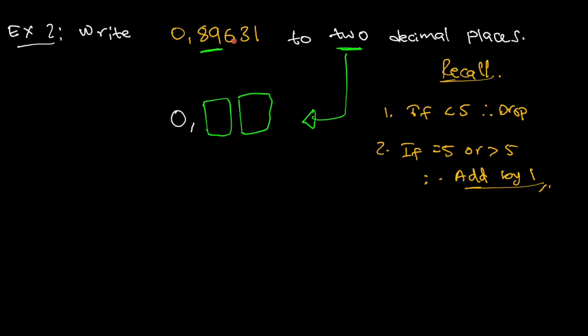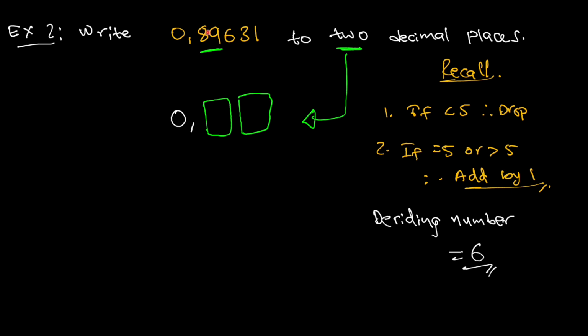Now, I have a deciding number, which is the number that comes after the underlined numbers. So I'm going to put it like that and say my deciding number. The deciding number would be 6.